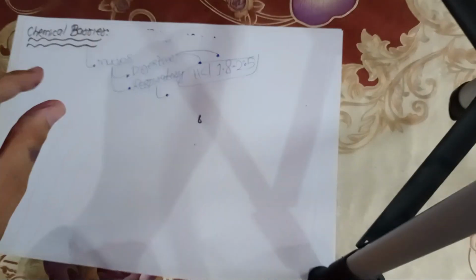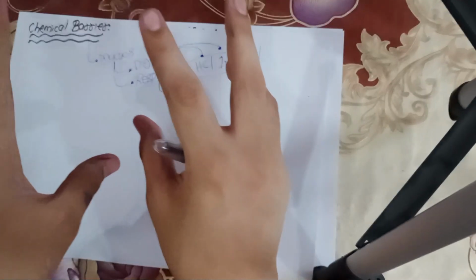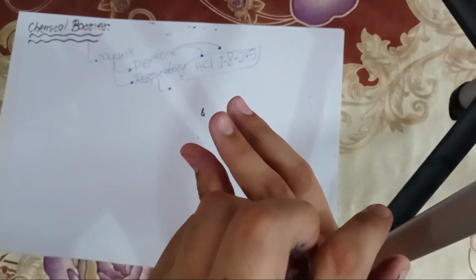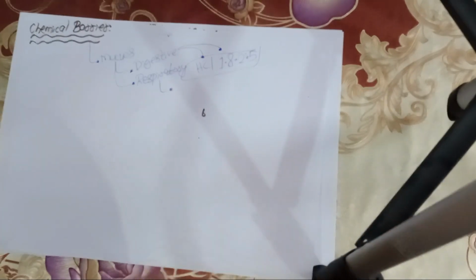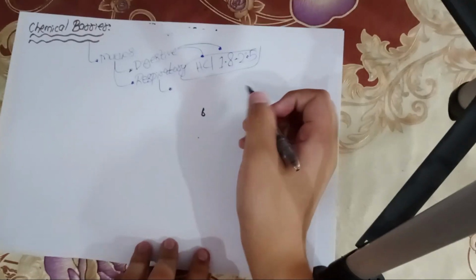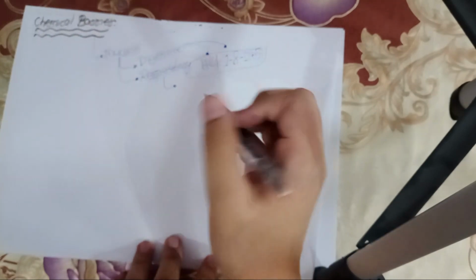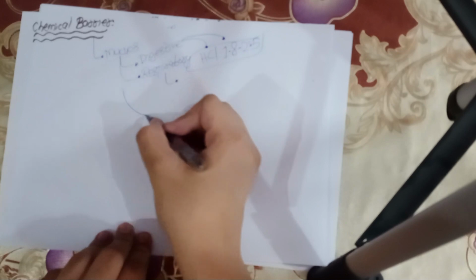We don't have cilia there, but we have hair patches and mucus. Mucus sticks to the pathogens, and these pathogens are carried out of the body with the help of the hair patches. So here it is also helpful.